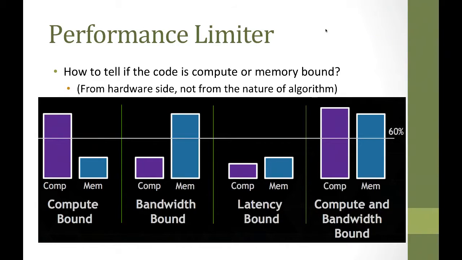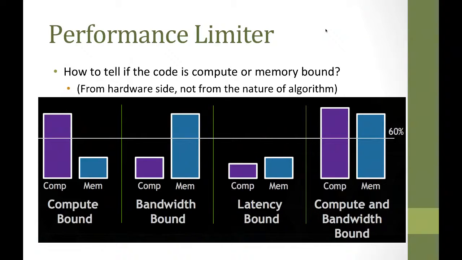If both compute utilization and memory utilization are below 60%, then Nsight will consider this program as a latency bound. If you achieve both compute unit and the memory unit a high utilization, that means your program is compute and memory bound.